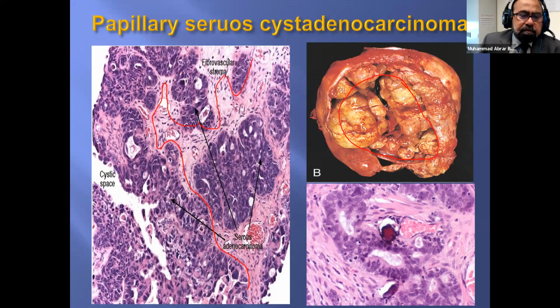And if you see these cells, the nuclei show pleomorphism, hyperchromasia, right? Irregular shape. Stratification means it is almost climbing over one another, right? It's not a single lined one. The nuclei are not basally placed.